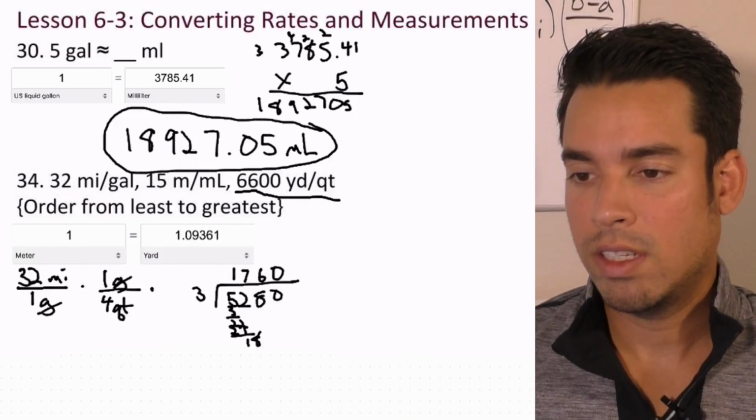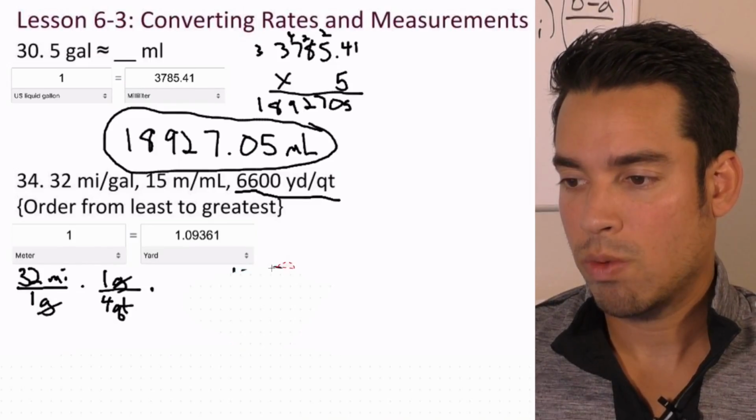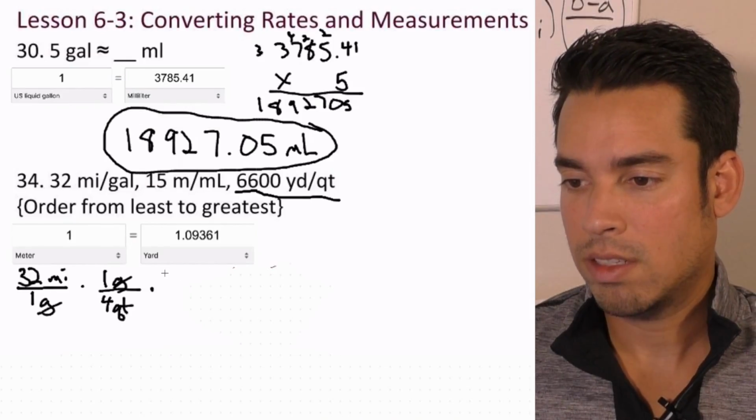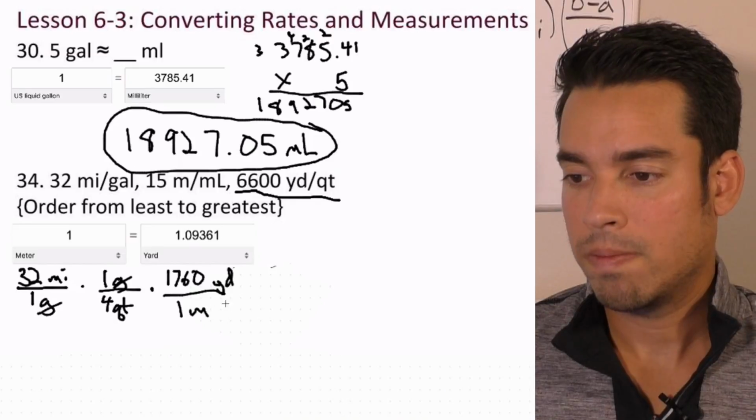So it's 1760. You could probably even look that up if you wanted to. So 1760 is what we're talking about here. So we got 1,760 yards per 1 mile.